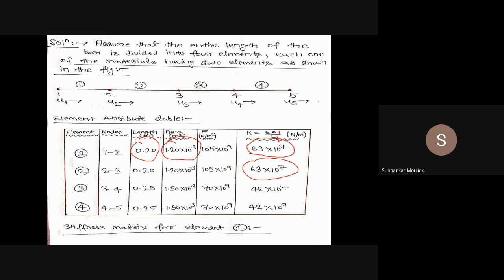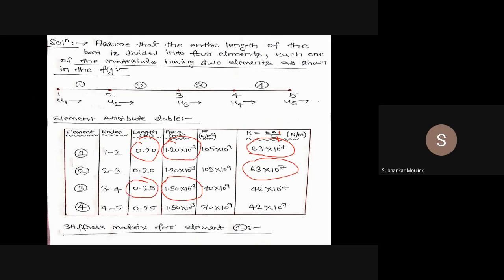And similarly for element 3 and element 4, for element number 3, E is 70 gigapascal, because the material is aluminium. A3 is 1.50 into 10 to the power minus 3 divided by L3, where L3 means length of element 3, which is 0.25 meter.